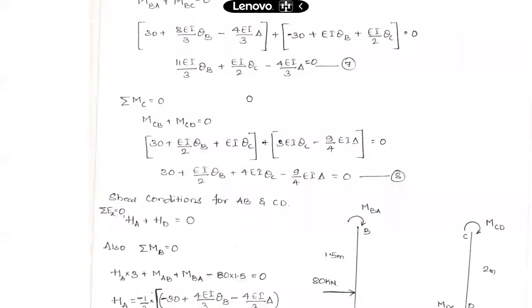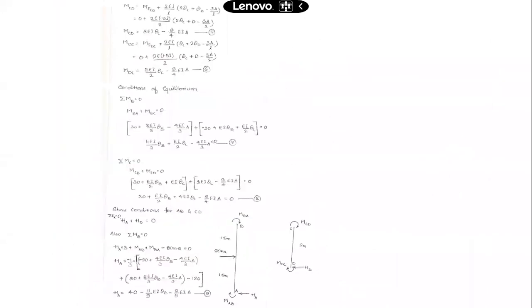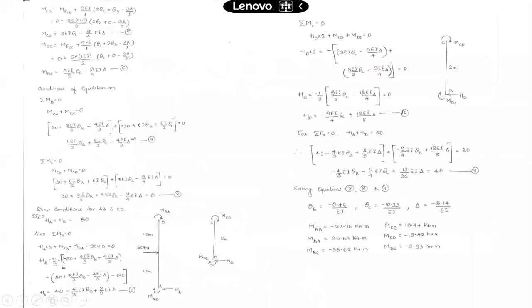So what we did was we took help of the shear conditions. In these 2 columns, AB and CD, we applied the condition of shear. What does the shear condition say? Summation of horizontal forces should be 0. Here the summation of these two reactions, HA plus HD, should be the same as the externally applied force over here.